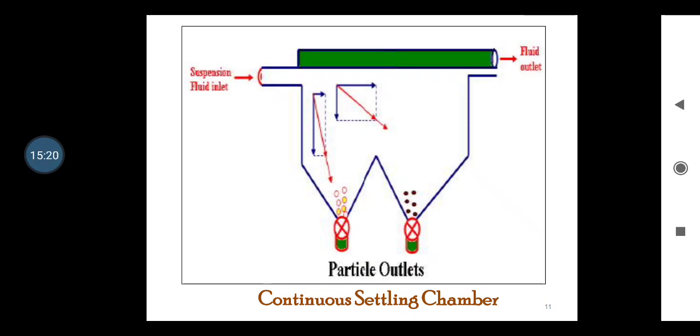If you can distinguish the two parts at the bottom, indicated by the first line and the second one, and see the direction of the red arrow at the first half, you can see the separated particles are quite bigger as compared to the second chamber, where the particles are quite finer as compared to the first one.